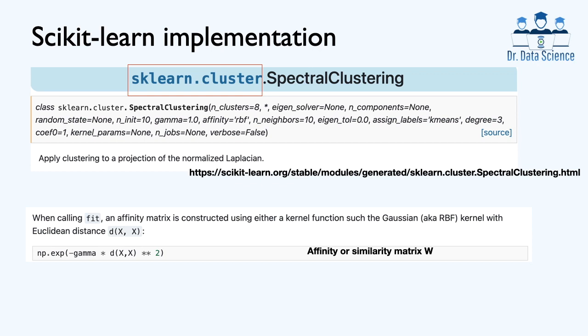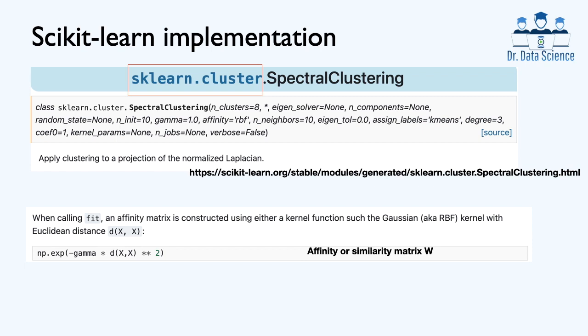Also, if you look at the implementation of spectral clustering in Scikit-learn, we see that the one they're using is the one that uses the normalized Laplacian. And also you can create the similarity matrix or affinity matrix using the Gaussian or the radial basis function RBF kernel, which is the exponential of the distance squared, either divided by some constant or multiplied.